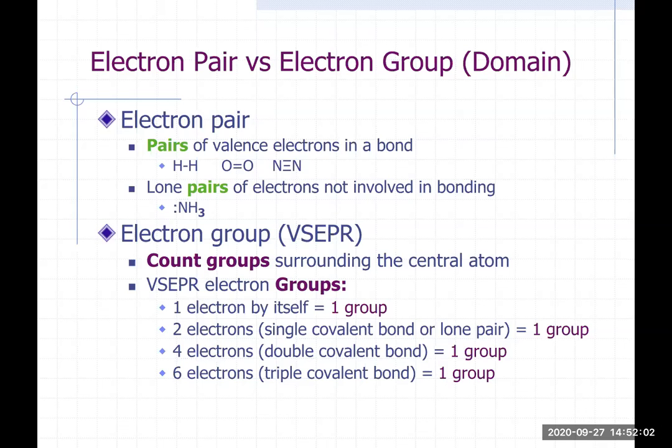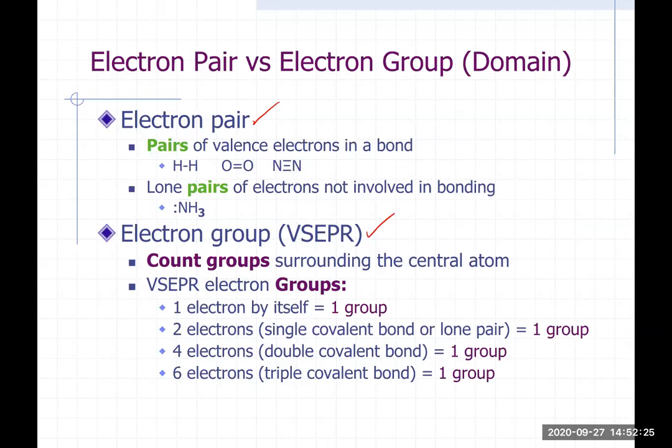It's not a thing. These are electrons that are in a region surrounding the central atom, and they're called electron groups, electron domains, or VSEPR groups, or VSEPR domains. So what is the difference between an electron pair and a VSEPR electron group?